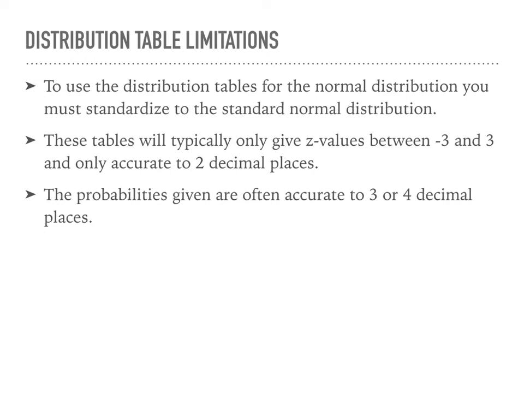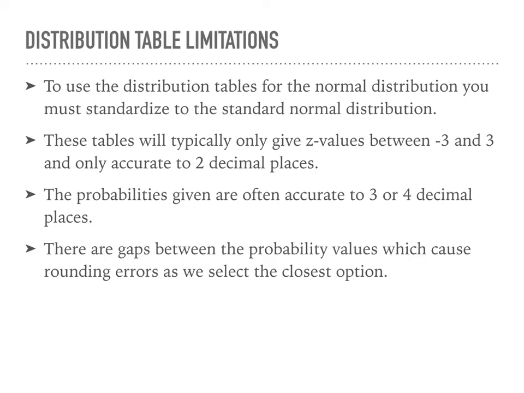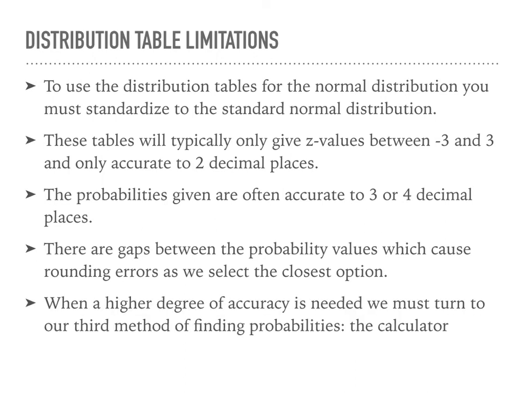The probabilities given are accurate to 3 or 4 decimal places, and there are gaps between the probability values, which cause rounding errors when we have to select the closest option. When a higher degree of accuracy is needed, we must turn to our third method of finding probabilities, which is our calculator.